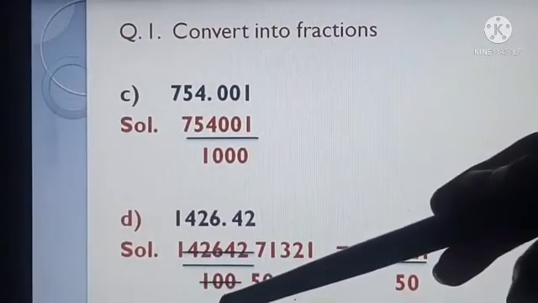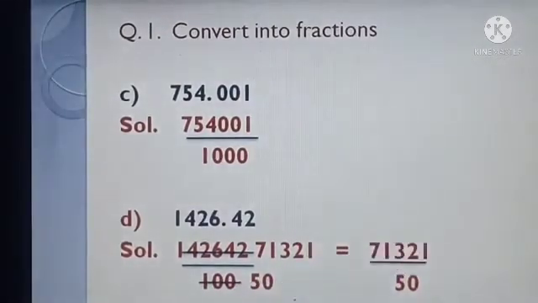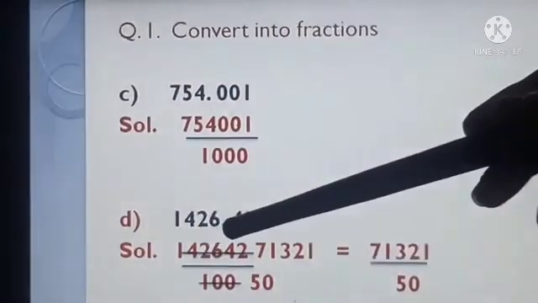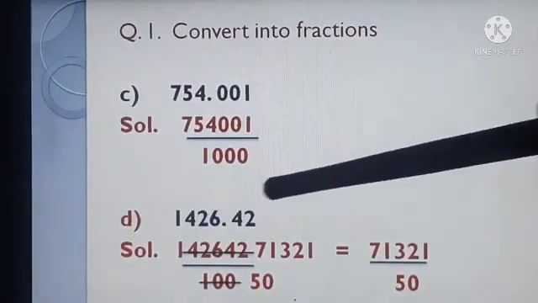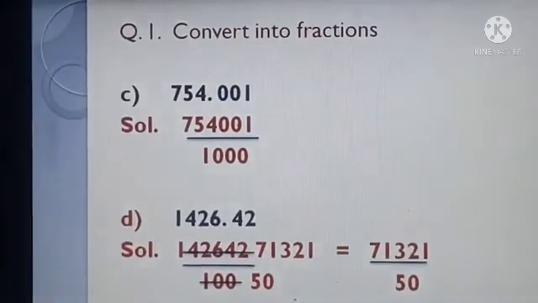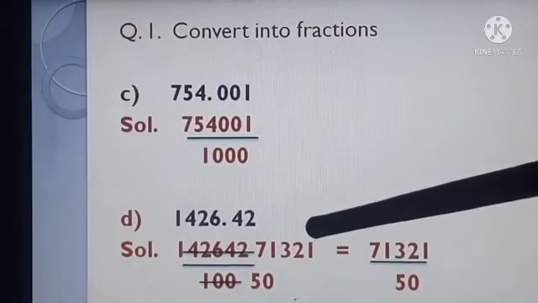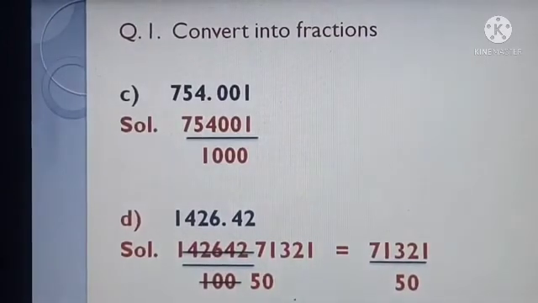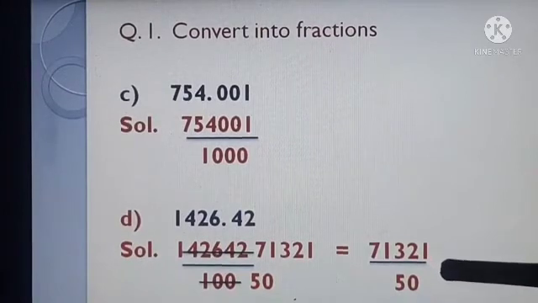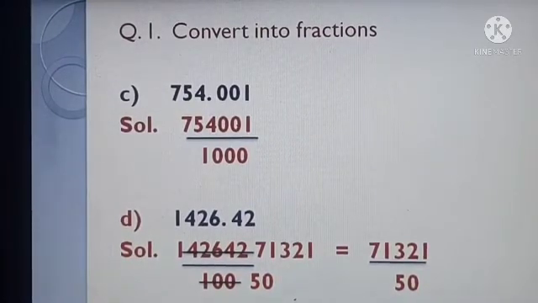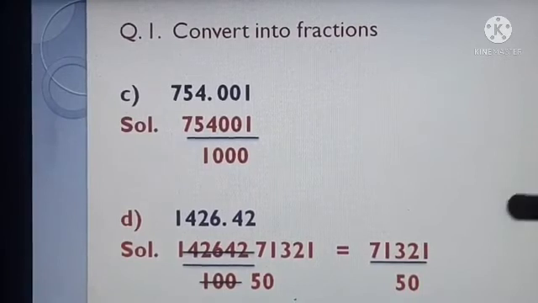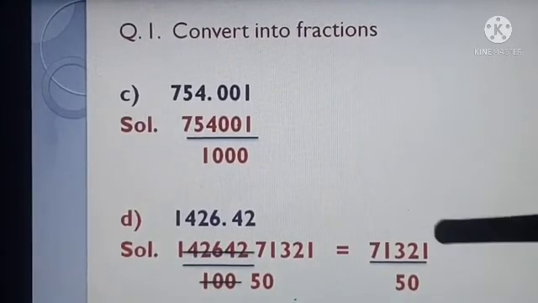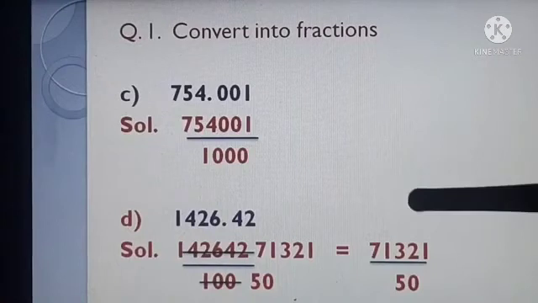When we divide 100 by 2, we get 50. And when 1,42,642 is divided by 2, we get 71,321. So our answer will become 71,321 upon 50. Understood?